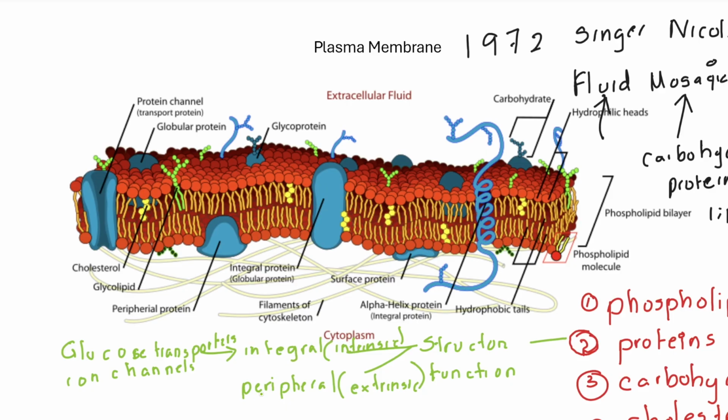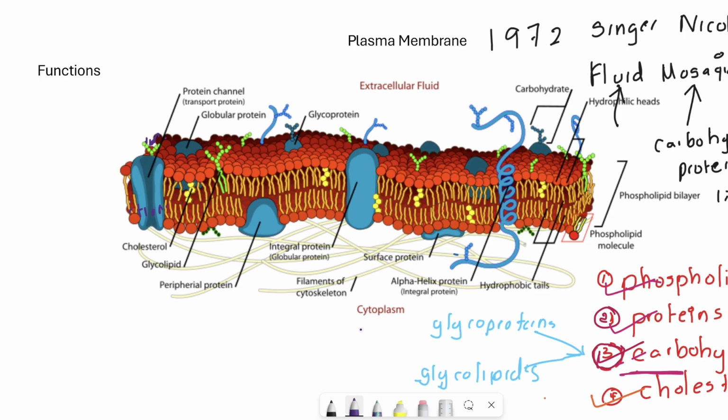The examples for the peripheral proteins are cytoskeletal supportive proteins. These are the peripheral proteins.